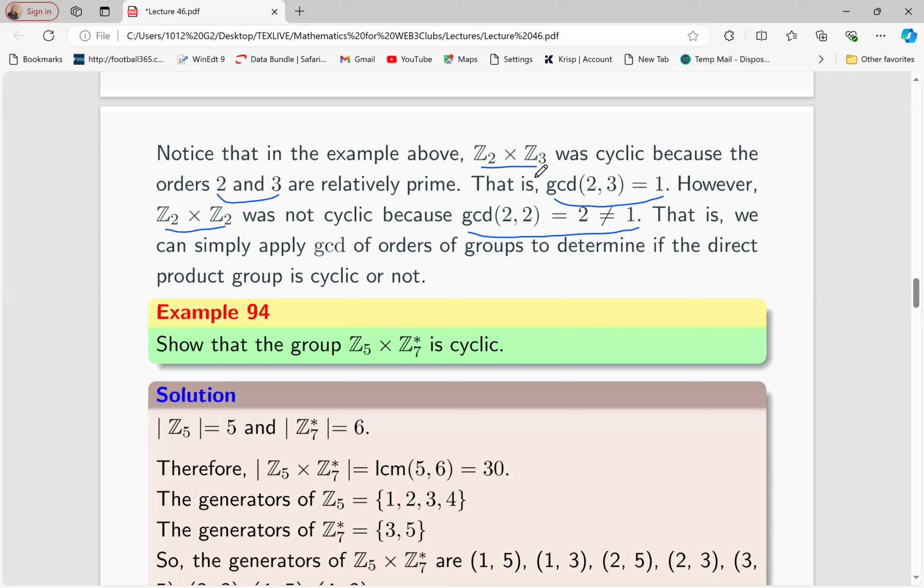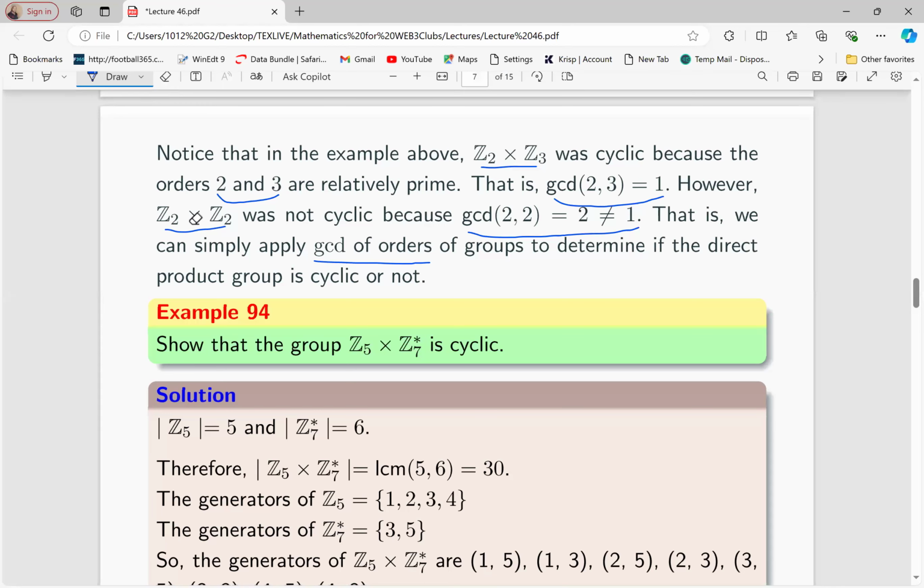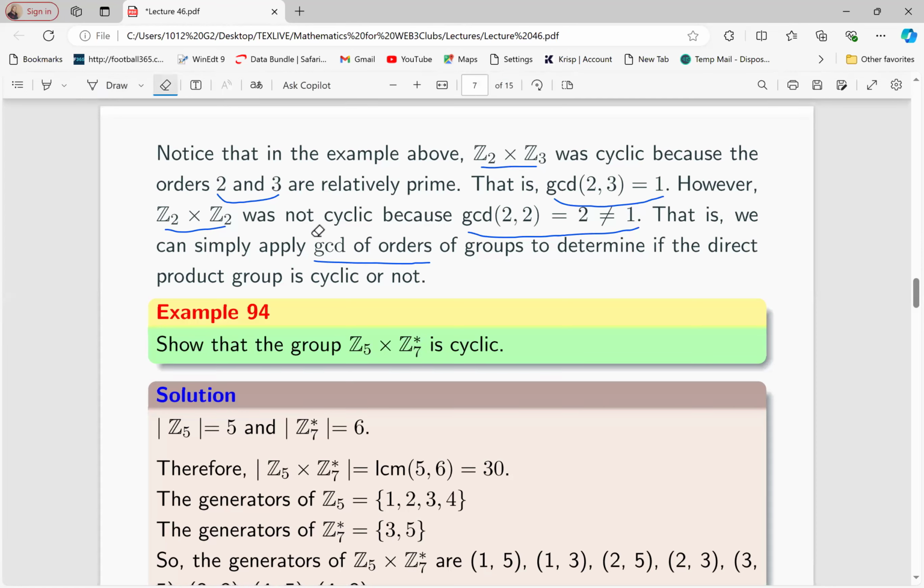So the easiest way is to simply apply a GCD of orders to determine if a group is cyclic. That is the easiest way.